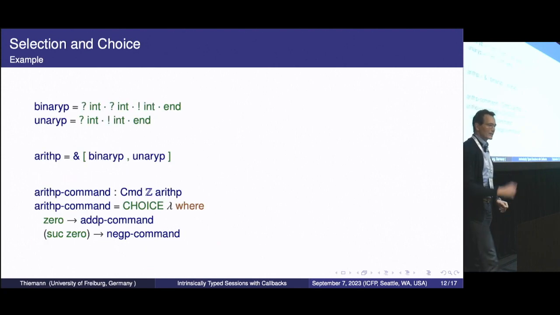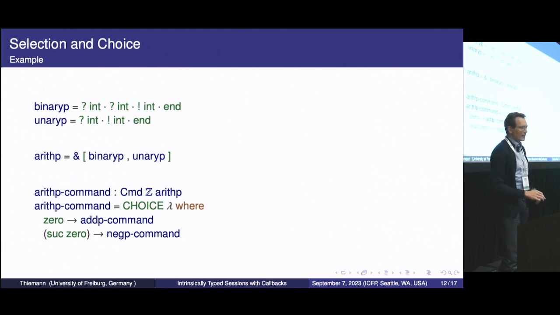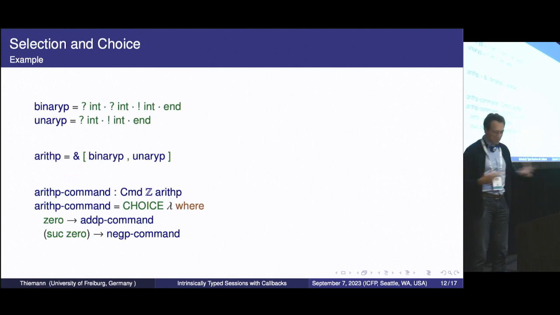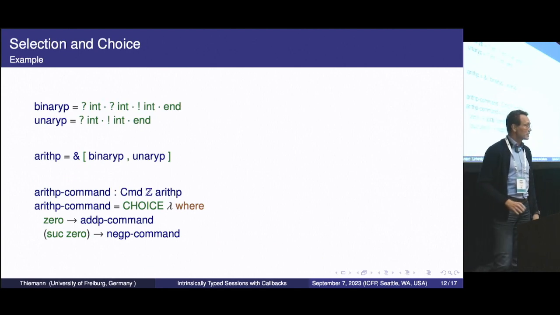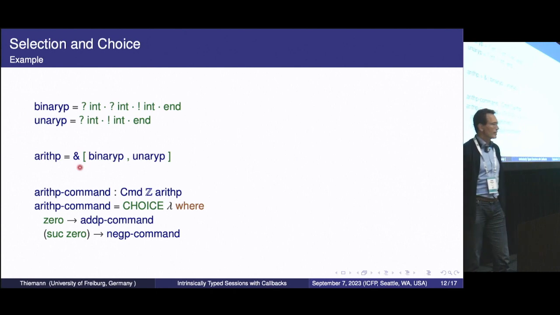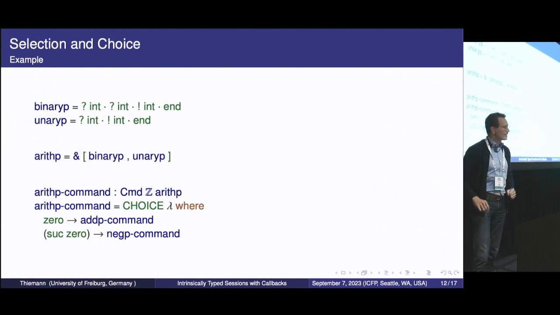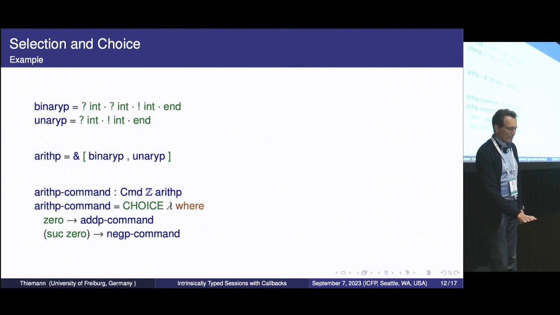And here is a nice example where you see that you can use the host language to advantage to write really modular code. It gets really readable, so you can name your session types. I've thrown in a binary protocol and a unary protocol, and then you can form the arithmetic server. Well, the approximation to the arithmetic server, that's kind of a standard example, just the external choice between the binary and the unary.